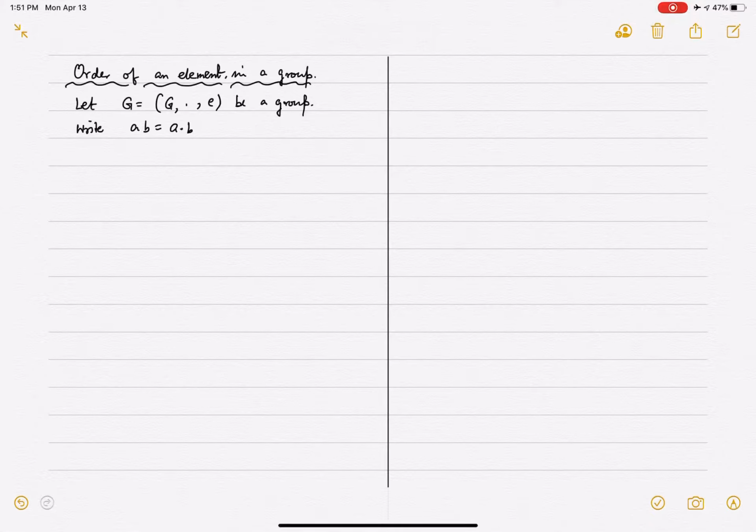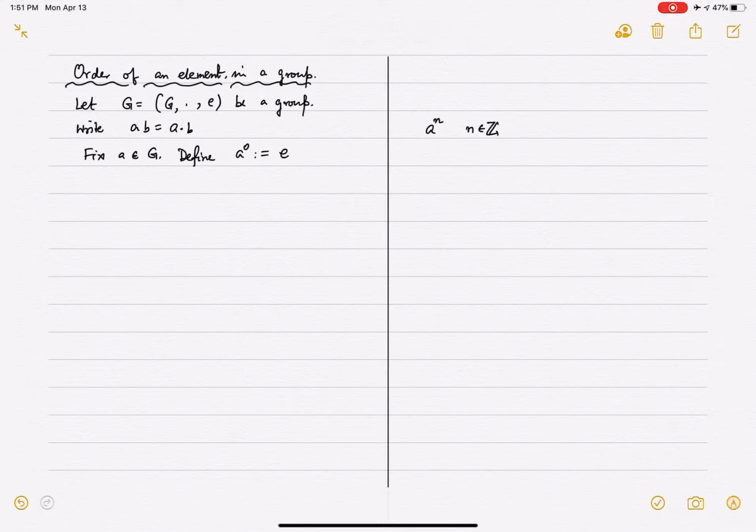So fix an element a in the group. Then we want to define a to the power n for any n in the integers. First of all, a to the 0 is going to be defined as the identity element.